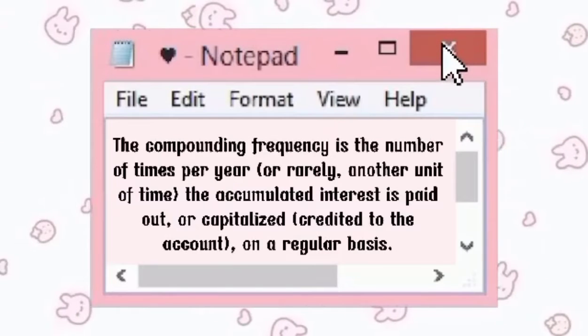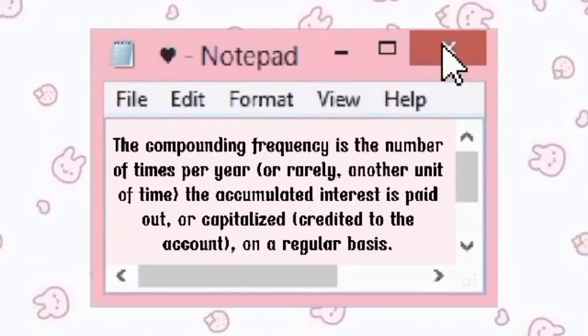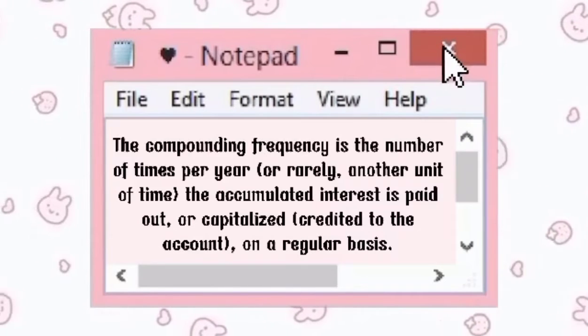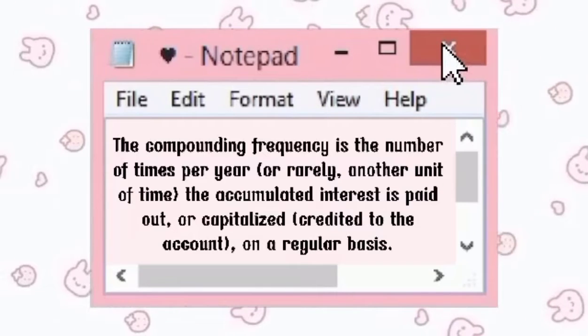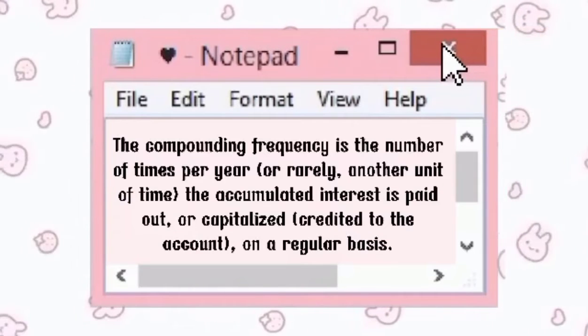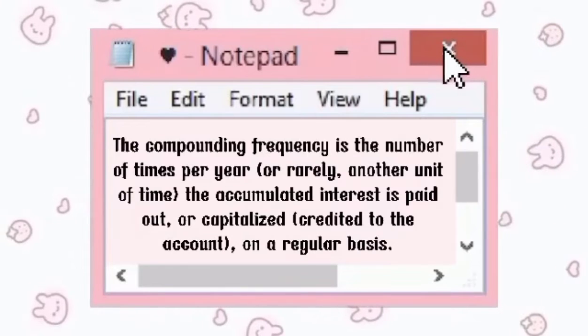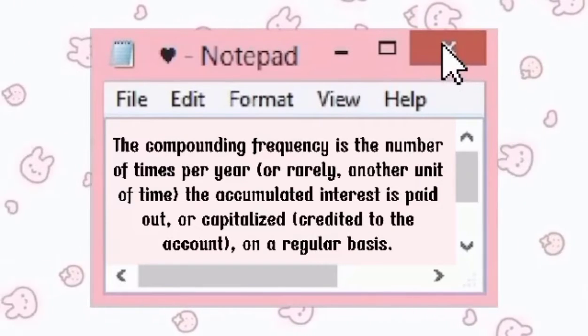The compounding frequency is the number of times per year, or rarely another unit of time, the accumulated interest is paid out or capitalized, credited to the account on a regular basis.